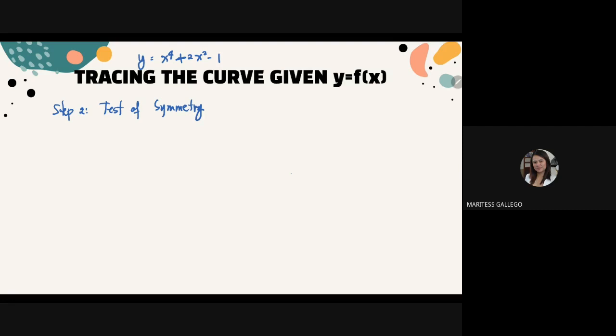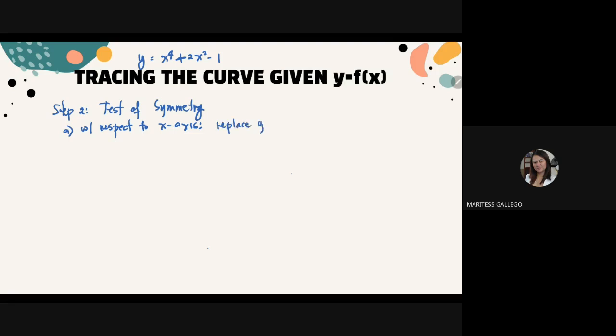Okay, so first test of symmetry, letter A, that is with respect to x-axis muna. So, paano nyo malalaman na yung curve nyo is symmetric with respect to your x-axis? So, what will you do is that you replace, okay?